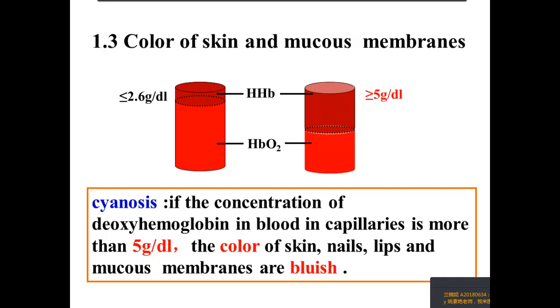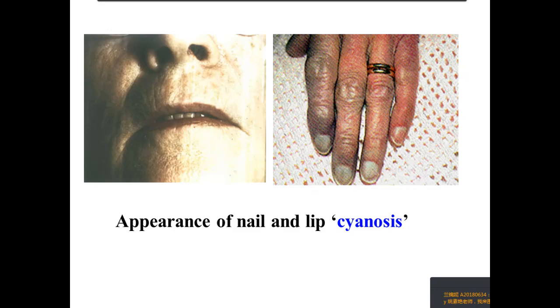Now the patient's lip and nail are bluish. It's called cyanosis.